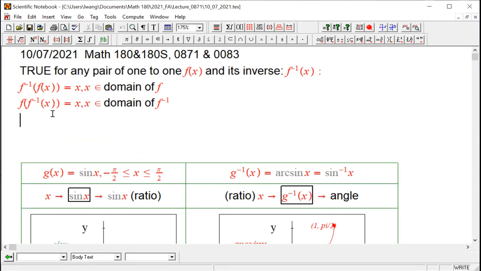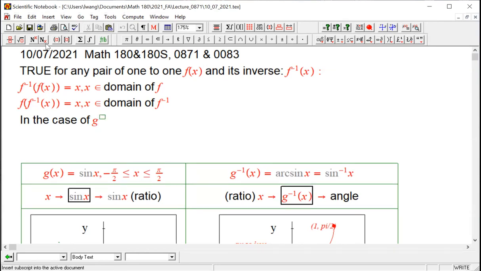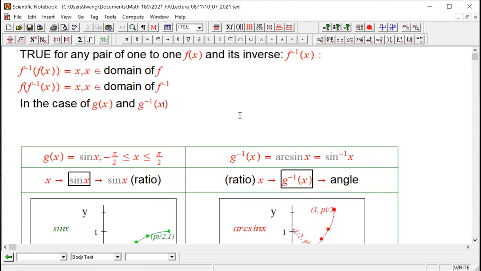In the case of G and G inverse, it is still true. G has its own domain and its own range. We have been building the stages, doing the ARDs and the truncations, and we have done a lot of things this week and last week, and they are all now coming together.